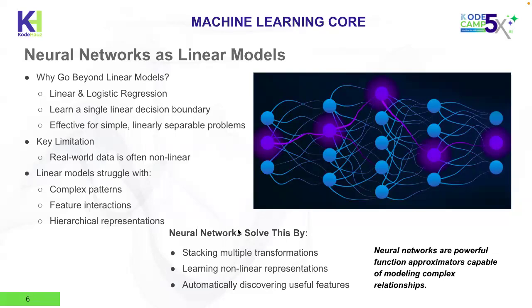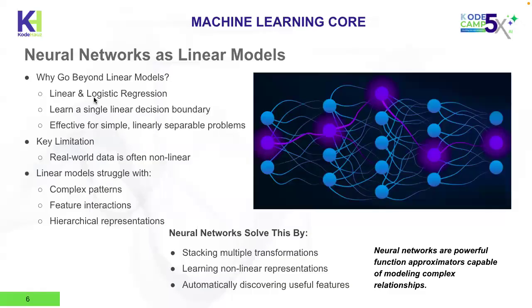One of the ways that neural networks are able to solve these limitations of linear models is by stacking linear models on top of each other. A single neuron is a linear model. A single layer, which is made up of neurons in parallel, becomes a nonlinear model. Then you add an activation function, which introduces additional non-linearity.